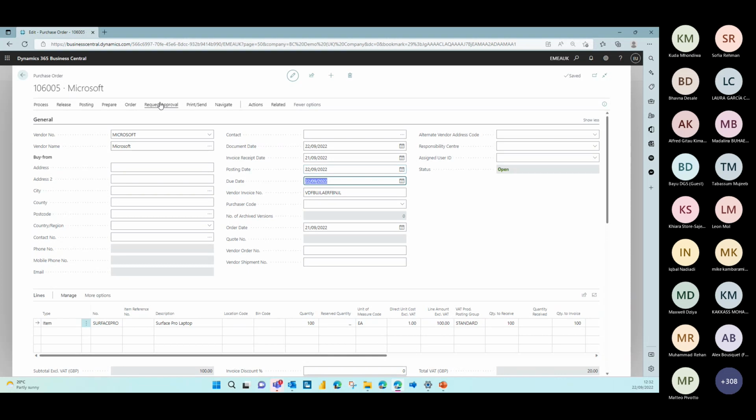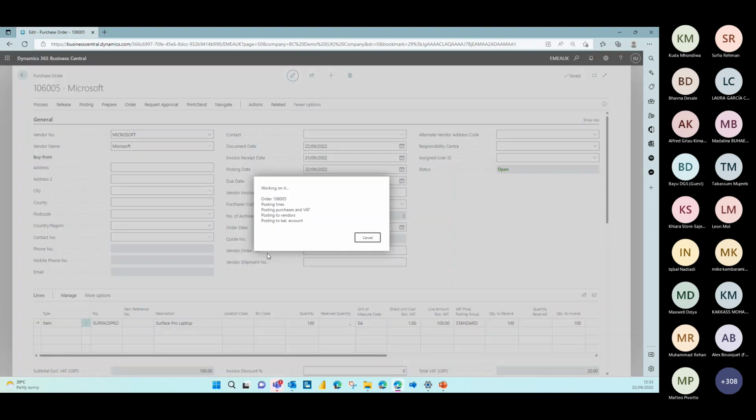Preview posting, I love preview posting. For all accountants out there, I would encourage you to always use preview posting before you post anything.